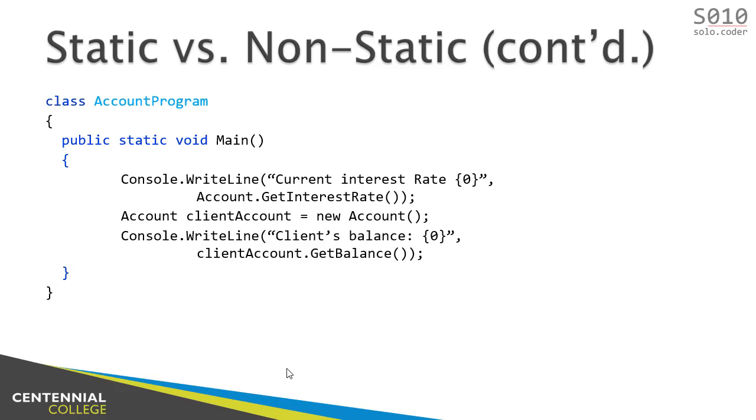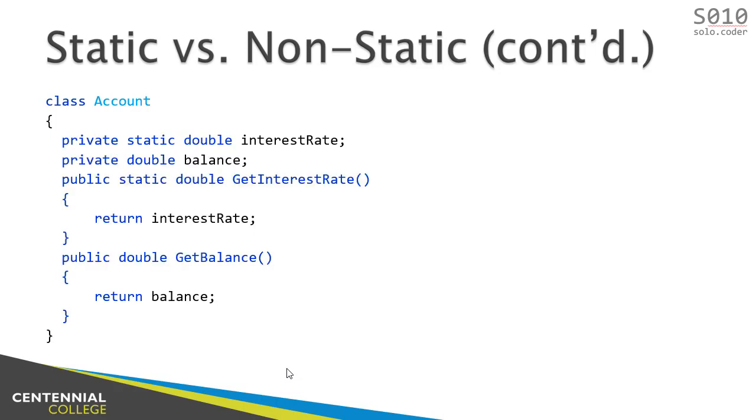But again, whether it's static or non-static, fields should be kept private. We can have static fields and non-static fields, but they are both private, so they are accessible through the use of methods.